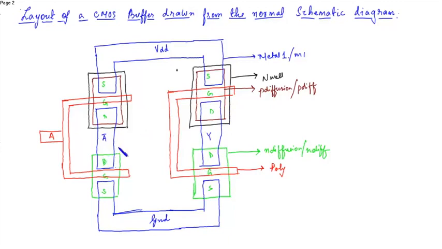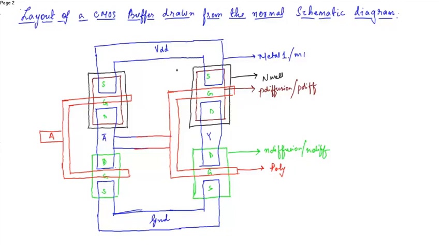Now the two inverters are drawn separately. Now you have to make a connection between these two, since we know that the output of inverter 1 is the input for inverter 2. The output of inverter 1 is a metal layer and the input of inverter 2 is a poly layer. So you can see there's an overlapping between the metal and the poly.